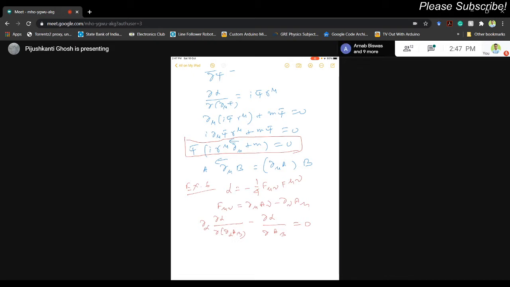But this is not as easy as the earlier examples. You have to take care of the metric, because there will be a contribution from the contravariant F mu nu also, and a contribution from the covariant F mu nu also. So do it. The next lecture is maybe Wednesday, so there is enough time; you do it.